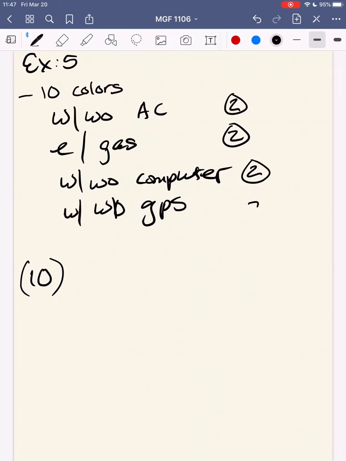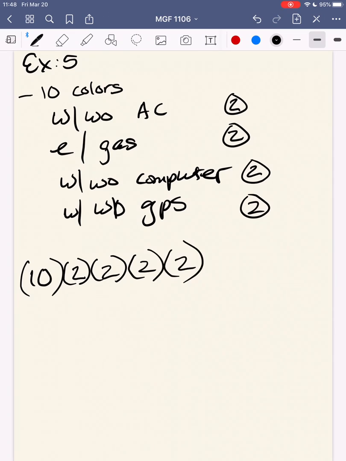I either want it or I don't. Choice is mine. And I just multiply those things together. And I can order this new car with 3 wheels 160 different ways.